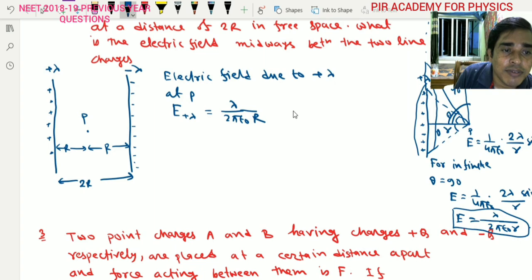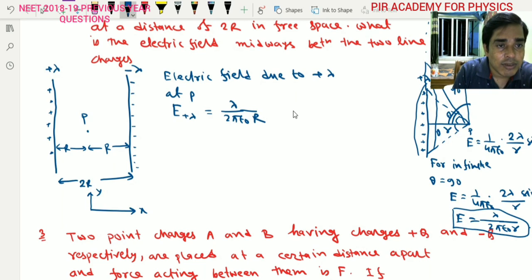Now direction, if I take this is the x-axis and this is the y-axis. Now for this plus charge, the electric field will be along this direction, so E of plus lambda will be I cap. So if I take the vector, then it will be I cap.